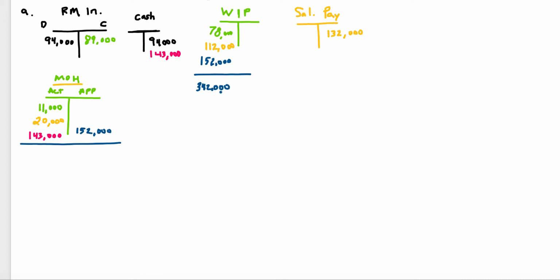What that means is that this amount of money needs to leave WIP, and remember, what happens to the costs that are completed? Well, just like physically, the products leave the shop floor and flow to the finished goods area. We can envision that, right?